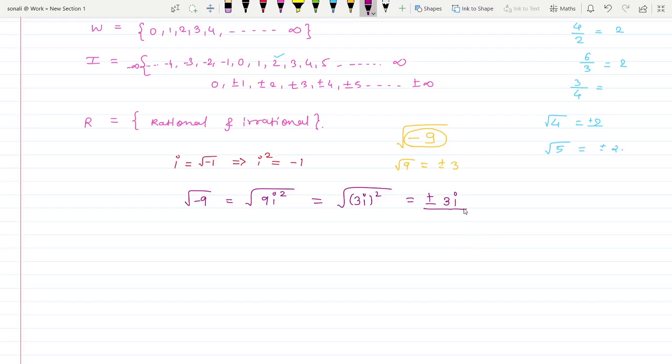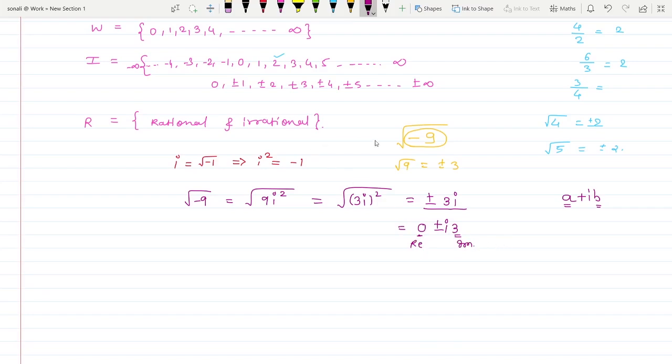Now, as I told you earlier, if it is in a plus ib form, this is your real part and this is your imaginary part. Okay. So if I compare this number, I don't have a real part, so I can take it 0. And here it is 3i. So 0 is your real part and 3 is your imaginary part for the complex number.